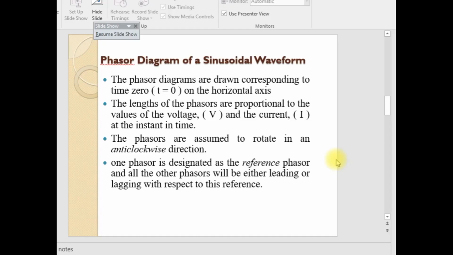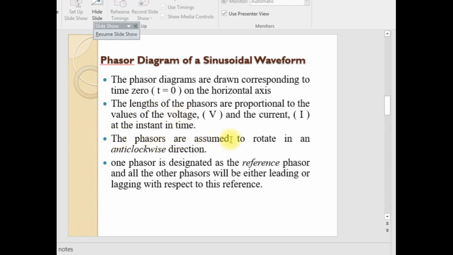So the main points to remember are: the phasor diagrams are drawn corresponding to time t equal to 0 on the horizontal axis. The lengths of the phasors are proportional to the value of the voltage and the current, or the value of the different sinusoidal waveforms, and should be proportional to the maximum value of the sinusoidal waveforms.